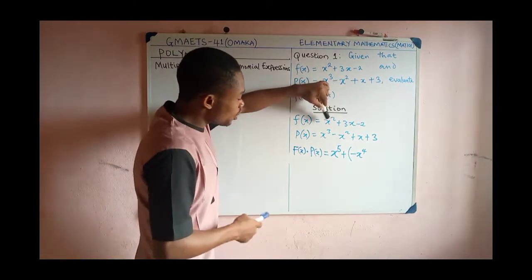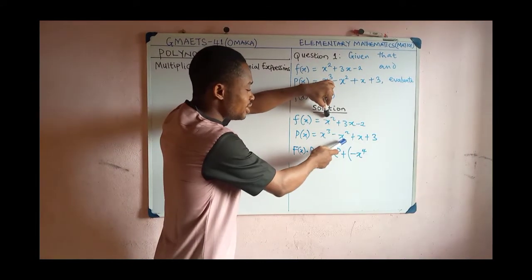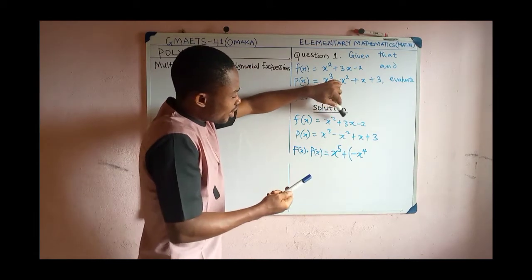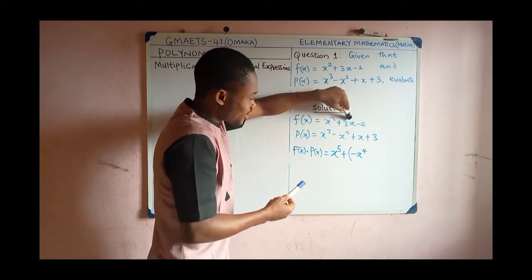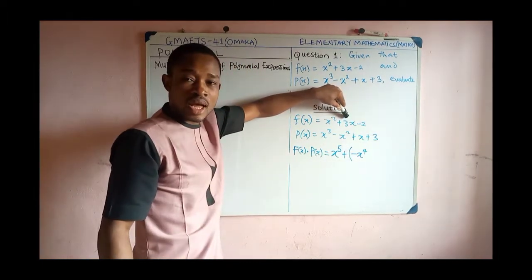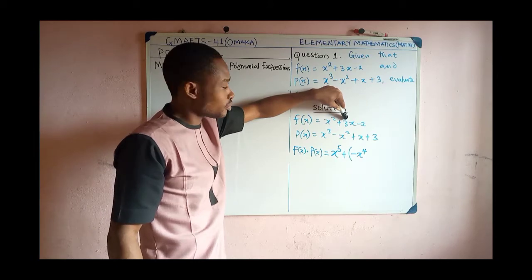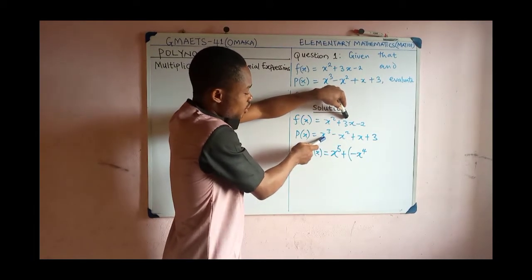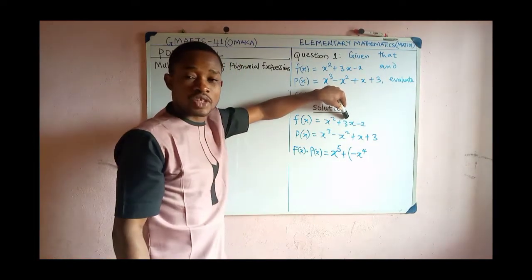Okay, now we are done with x raised to the power 2, multiplying this to give us x raised to the power 4. Let us now still go ahead and look at this 3x. Can it multiply anything here to give us x raised to the power 4 term? And I can see that that is possible. Look at this. 3x raised to the power 1 multiplies this x raised to the power 3 would give us x raised to the power 4 term.